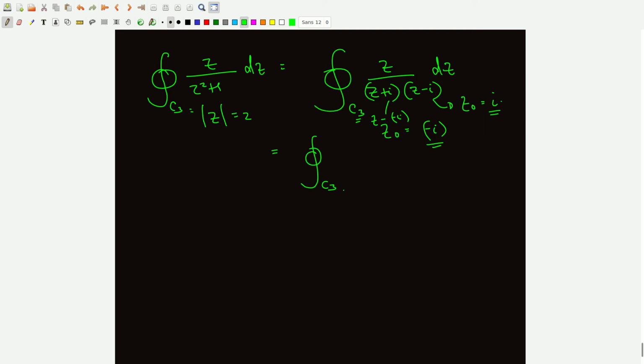If we take this to be our f of z, f of z equals z is analytic everywhere inside that circle. There is no point where it is non-analytic.